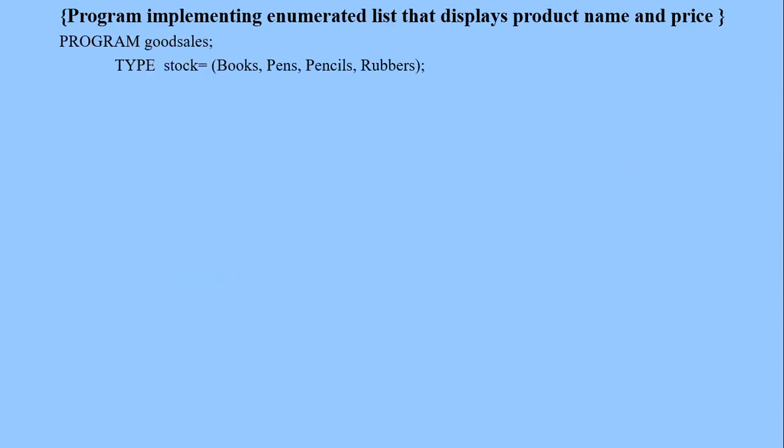Then I have enumerated list declared or defined as type stock equals to books, pens, pencils, rubbers. So this is a definition of a data type called stock, which is user-defined, and its elements are books, pens, pencils, and rubbers, just as you have seen in my explanation.